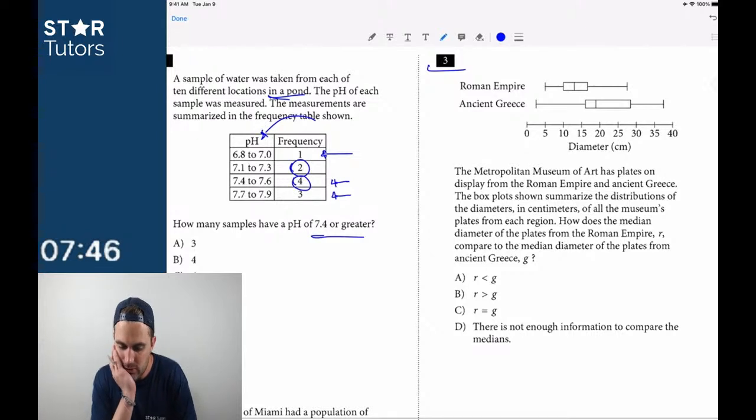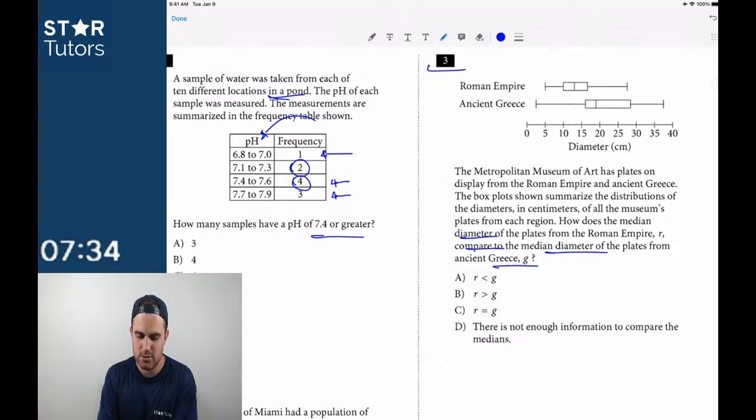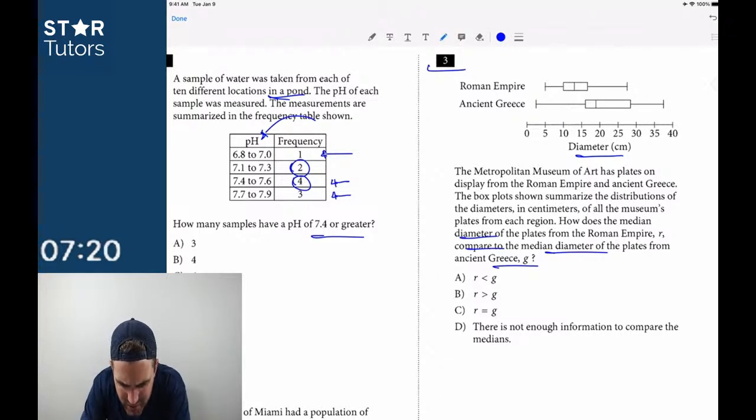Let's see. The Roman numerals placed on display. How does the median diameter of the plates compare to the median diameter of the plates from Greece? Median diameter, median is 20. That would be... the Roman median is greater than.